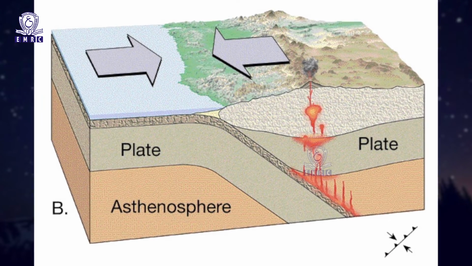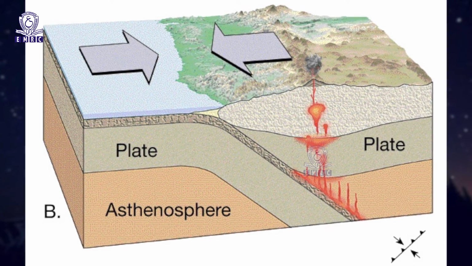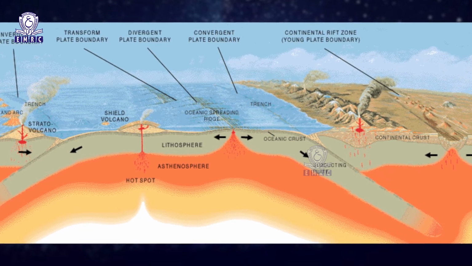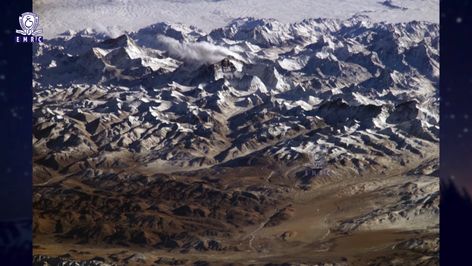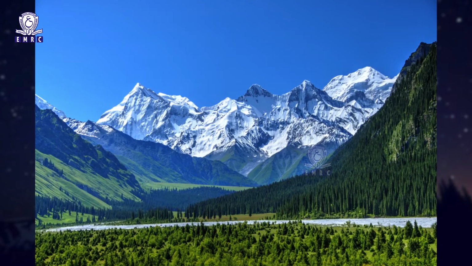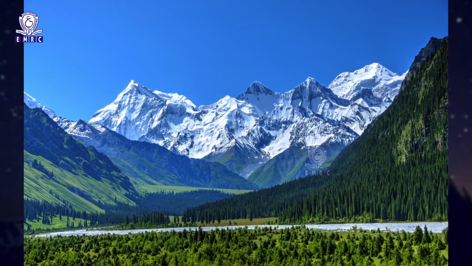The resultant lateral compression squeezes and folds sediments on either side of the continental plate margins. The convergence of two predominantly continental plates results in an orogenic belt, that is, mountain ranges.